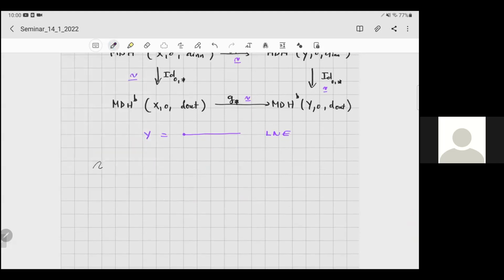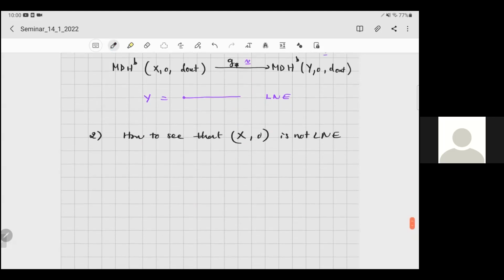So now I want to check how to see that X is not LNE. We use a theorem recently established by Sampaio and Mendes. They show that if the germ X is connected, then X is Lipschitz normally embedded if and only if we can check it through the link.